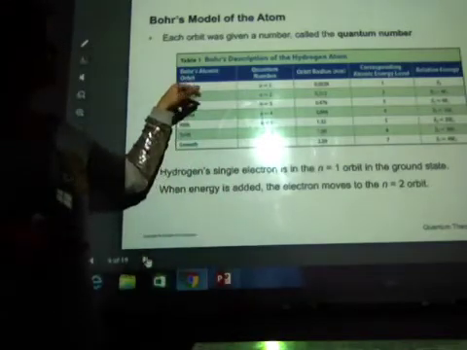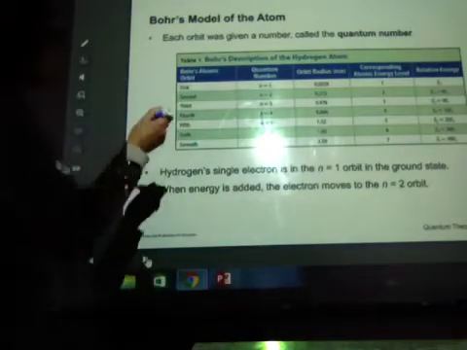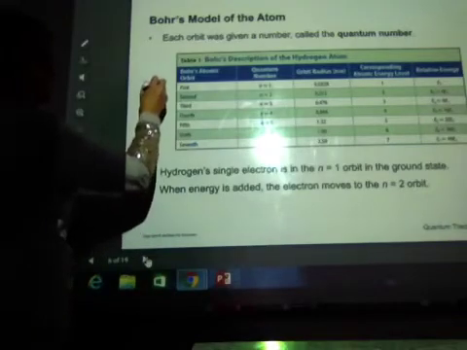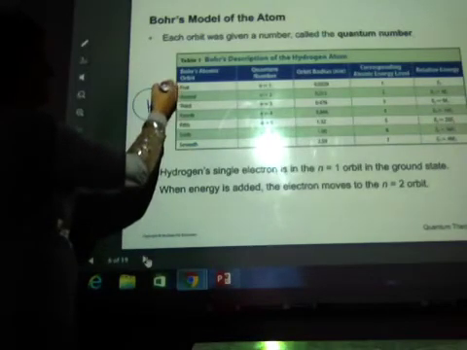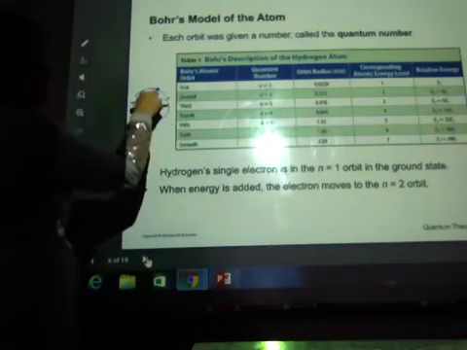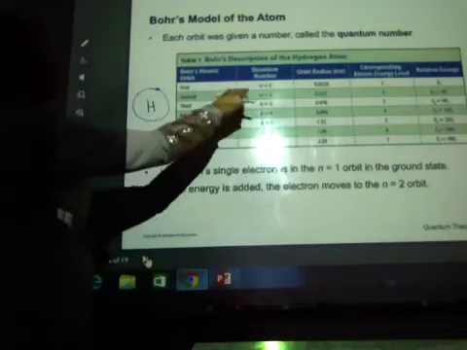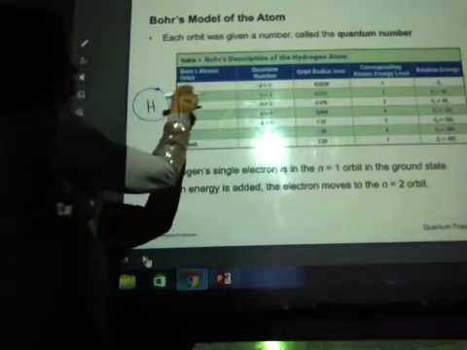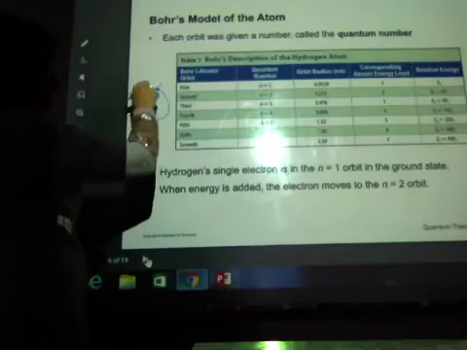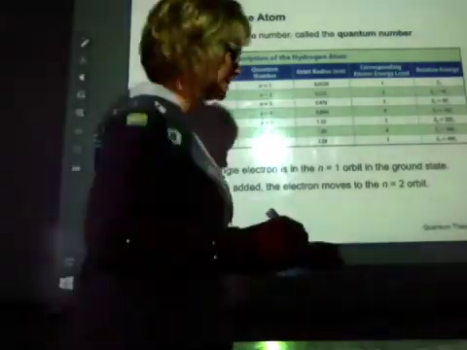So when we start looking at orbits, if I have hydrogen, it has one electron and it is in the first orbit. So it has a quantum number of 1 and it only has one energy level. That's all that it has.